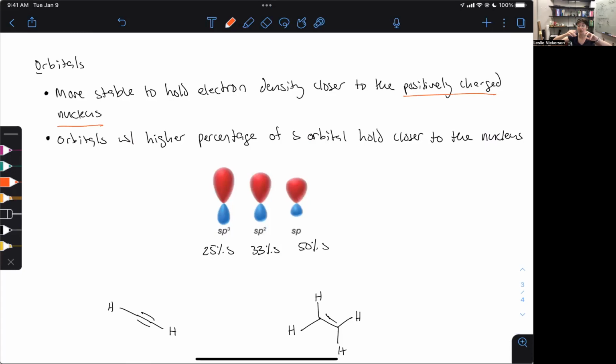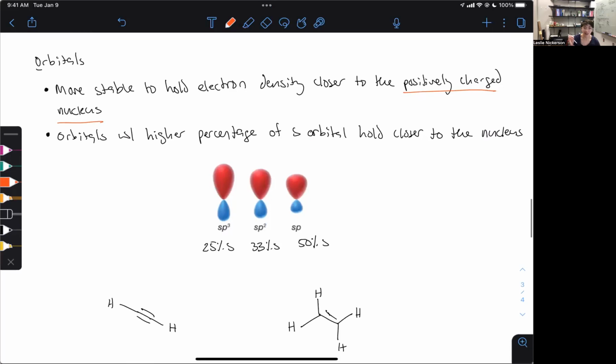Having positive and negative together is good, right? So if we have more of that centered around the nucleus and not floating out in la la land somewhere, that's going to be a more stable conjugate base. So the way to get stuff closer to the nucleus is we want a higher percentage of s orbital in that hybridized system.